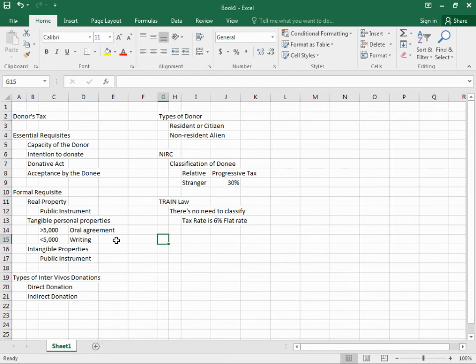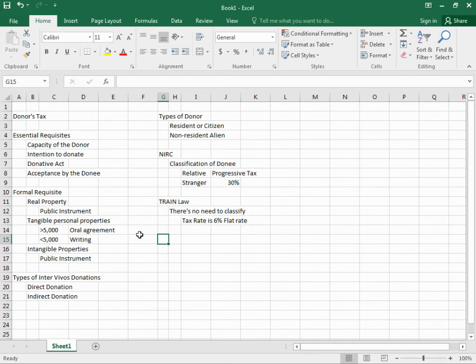Okay? So question, yung drug money daw ba na allegedly tinanggap ni Senator Leila De Lima nung campaign period niya, is it a taxable donation or not? Of course, it is not a taxable donation. Why? Because it is a donation for election campaign. Okay.